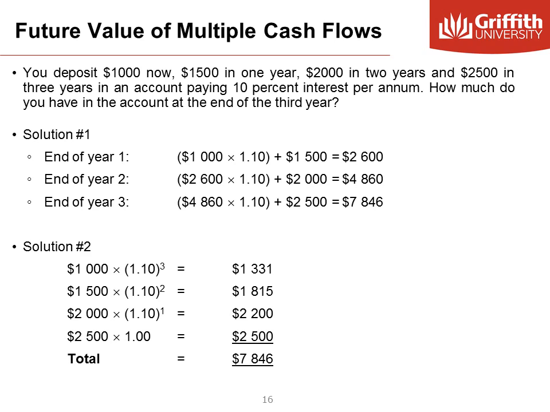We can solve this kind of problem either by compounding the accumulated balance forward 1 year at a time, as shown in solution number 1, or by calculating the future value of each cash flow first and then totaling them as shown in solution number 2. We will get the same answer.